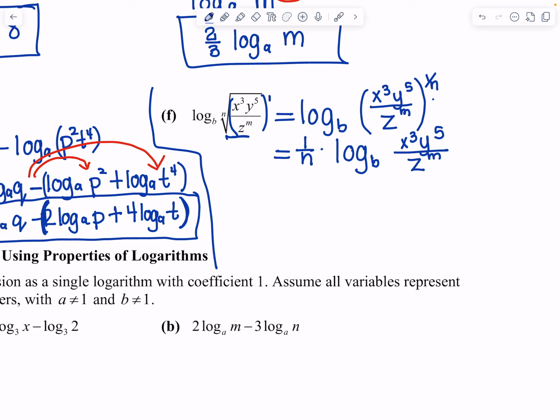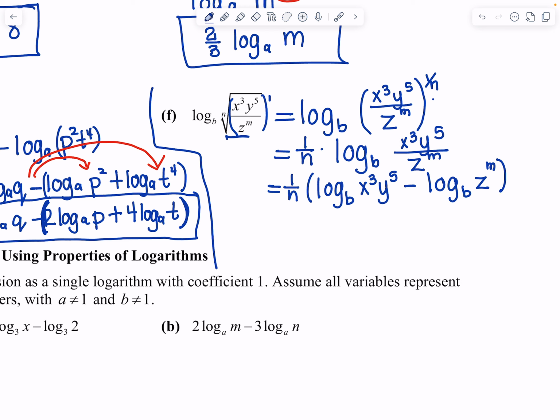You're going to see me do that. So 1 over n, log base b, parentheses, separate top and bottom: x cubed, y to the fifth, minus log base b, not x, z to the m.